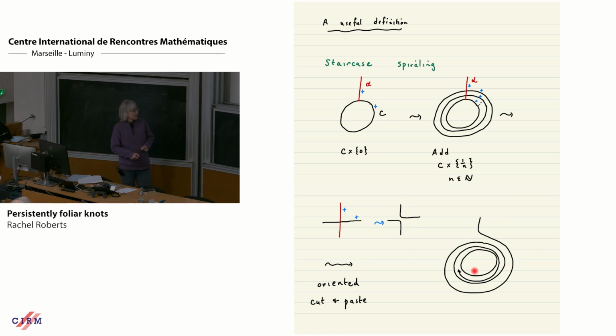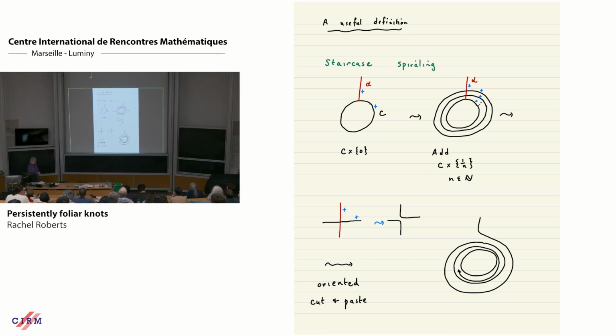At the end of the day, we're going to have that single C cross 0 left, but my alpha has now morphed into a curve that spirals in on the C0. We're going to call that staircase spiraling, or it is called staircase spiraling.